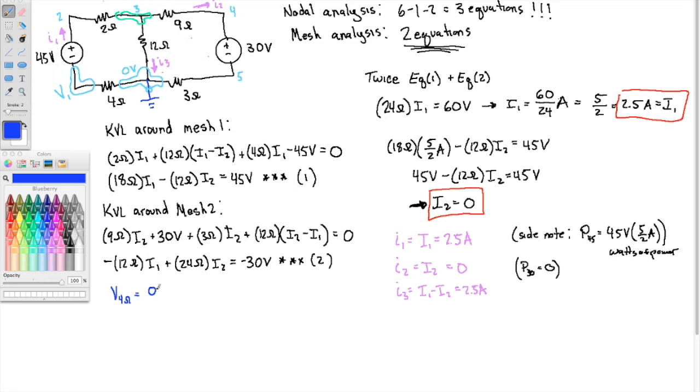0 minus V1, okay? In other words, from Ohm's law, that is I1 times 4 ohms. But I1 is 2.5 amps, so this is 10 volts. So V1 is negative 10 volts.